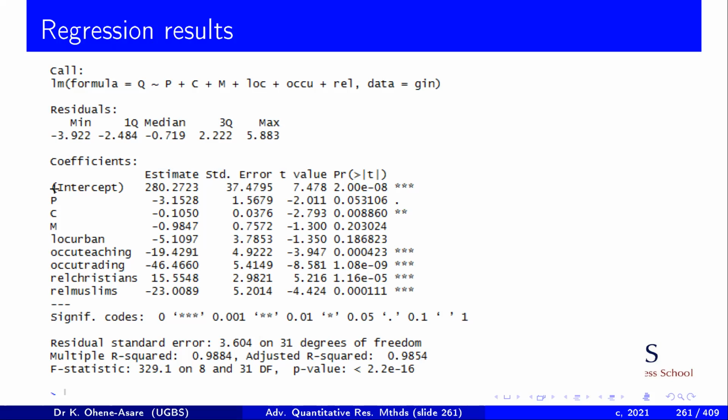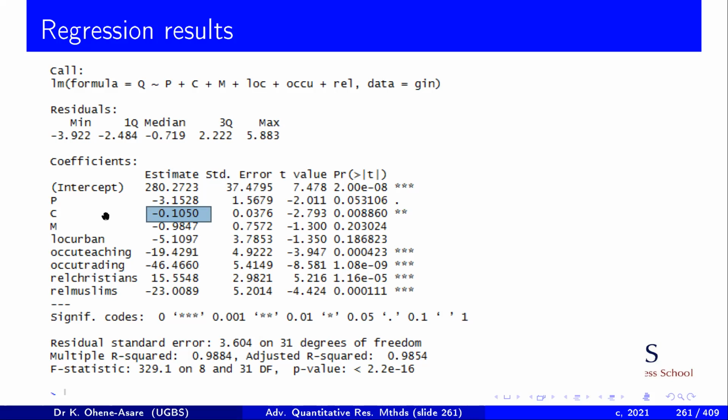So you say given the price of gin, the income of the people, the location of the shop, the occupation and religion of the people, a 1 unit increase in the complement price of gin will reduce the quantity demanded of gin by 0.11 units. I say 0.11 because I've rounded it to 2 decimal places. I say reduces because of the minus. So that is how you interpret these variables.